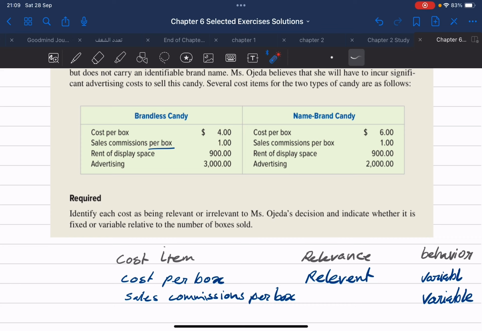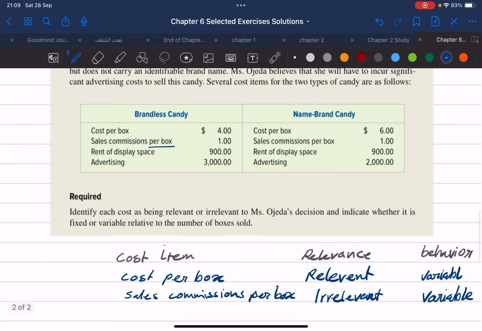So that means she will incur the same exact cost whether she goes for alternative A or alternative B. And this makes this specific cost item irrelevant. Why is it irrelevant? Because it will not change under both scenarios. So it will be the same.